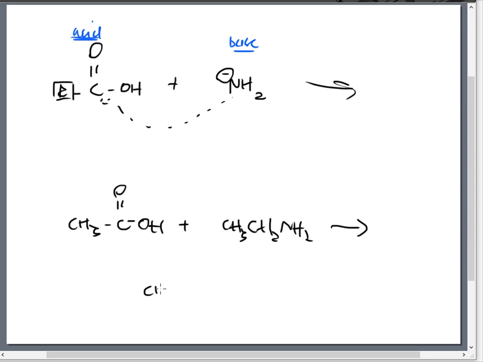So what we end up with is the acid donating the proton like an acid is supposed to do. And this base accepts the proton just like a base is supposed to do. So we have an NH3 now, and that NH3 is going to carry with it a positive charge. So these are the reactions that a carboxylic acid will do.